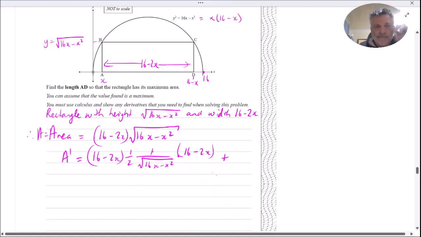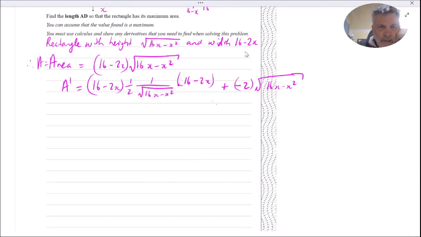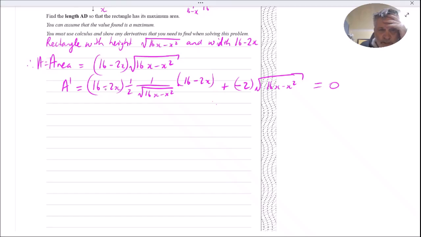And then plus, differentiate this one, minus 2, and write down the other one, 16x minus x squared. And to get a maximum, we want this to be 0.